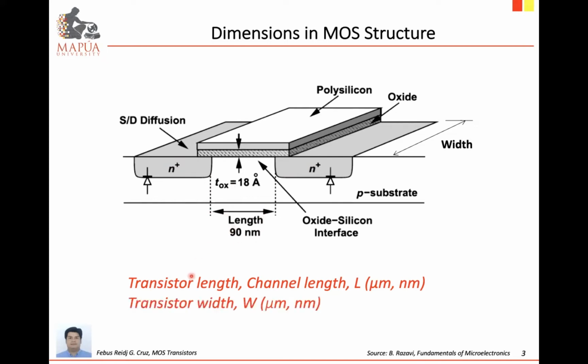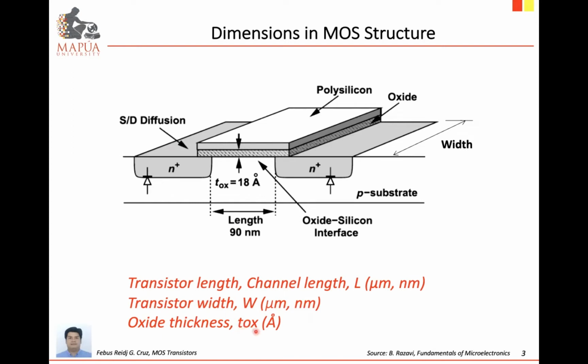Another transistor dimension is the transistor width, again in micrometers or nanometers. W, or transistor width, pertains to the width of the source and drain diffusion regions. Another important dimension is the gate oxide thickness, denoted as TOX.